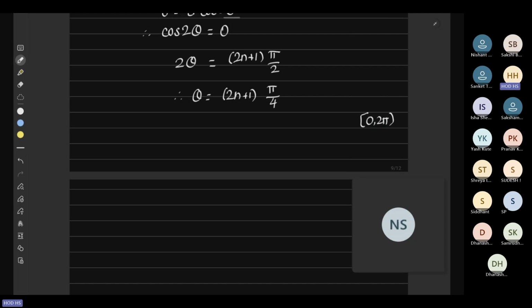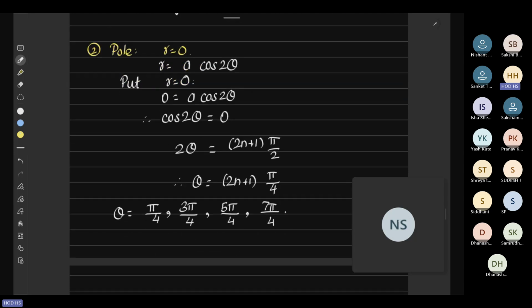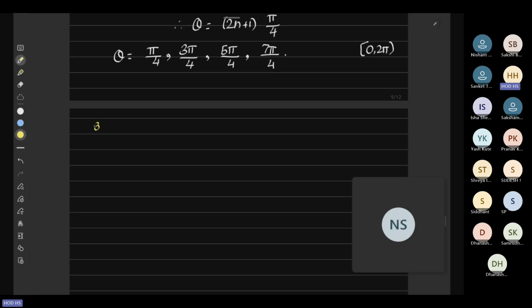So in one complete rotation, we'll have theta is equal to pi by 4. Then if I substitute the 1, I will have 3 pi by 4. If I substitute 2, I will have 5 pi by 4. And finally, when I substitute the 3 value, I will have 7 pi by 4. So these are my tangents at my origin. So these are my pole values and also the tangents at my pole.